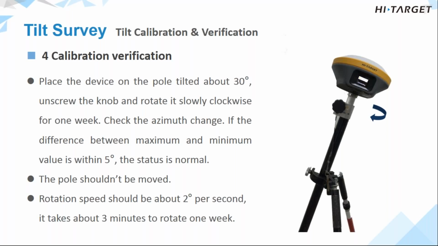You can check the azimuth change in the interface, and if the difference between the maximum and minimum value is within 5 degrees, the status is normal. And please pay attention that the pole shouldn't be moved, and the rotation speed should be about 2 degrees per second. It will take about 3 minutes to rotate one full turn.